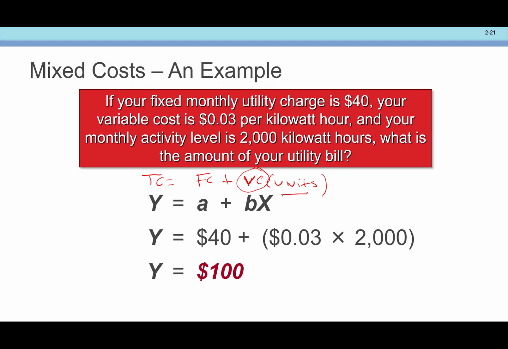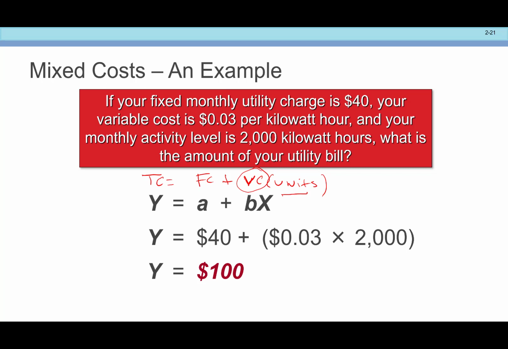Okay, so in this example, they say that our monthly fixed utility charge, and again, we could replace the word utility with overhead, is $40. Maybe that's your rent, or that'd be a nice rent, your utility bill, whatever, the fixed part of it anyway. Your variable cost is 3 cents per direct labor hour, electricity kilowatt hour, whatever it is, and your monthly activity level is 2,000.